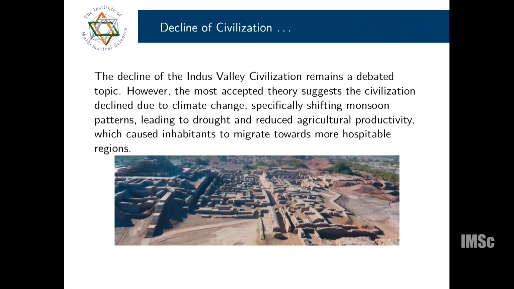So most of these things are not accepted. The most accepted theory is that the decline may be due to climate change and shifting monsoons, which maybe led to drought and reduced agricultural productivity, and maybe that's why people started moving to better places. So it's a gradual change.